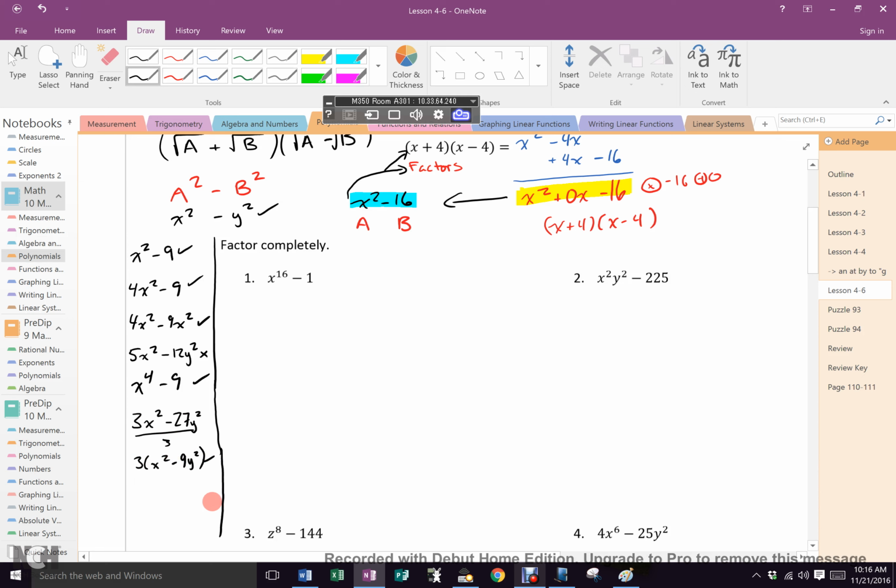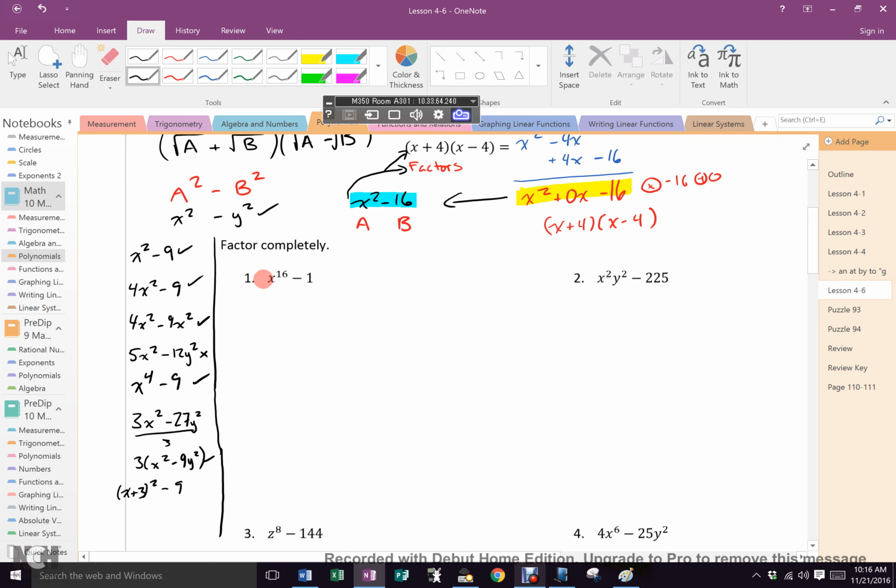And finally, the last warning I want to give you is, does this work? x plus 3 squared minus 9. Why? You could make it another variable, right? Everybody cool?